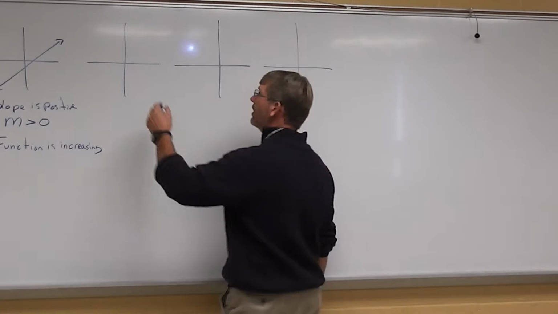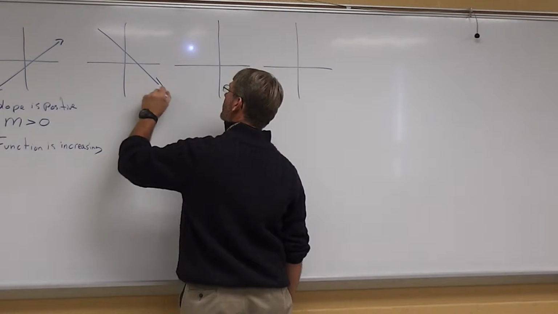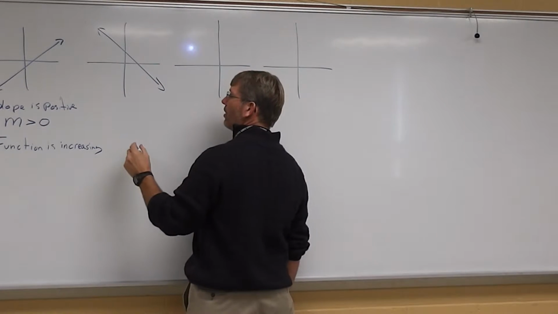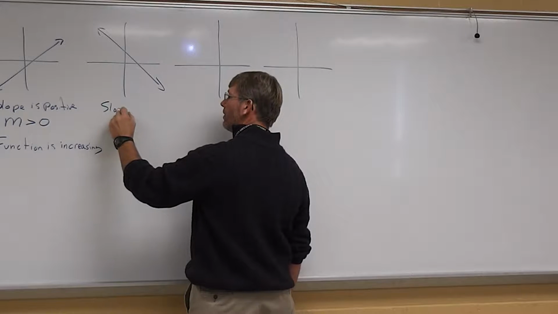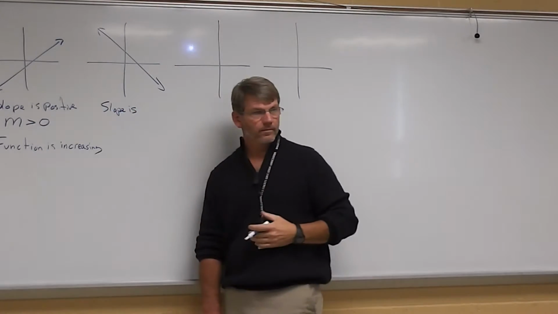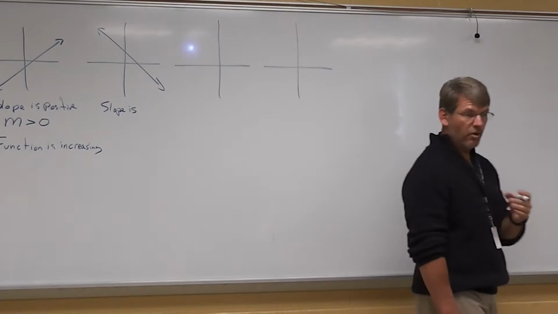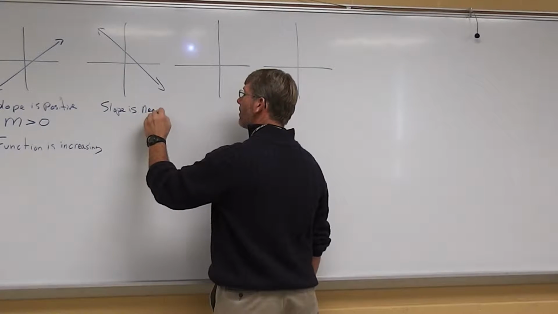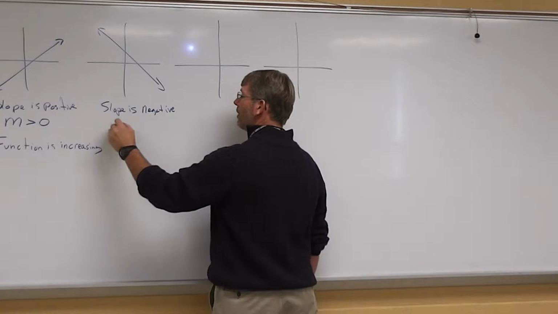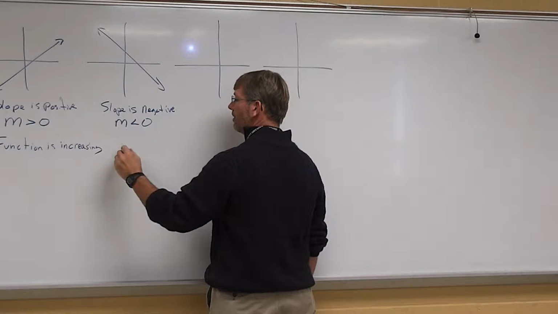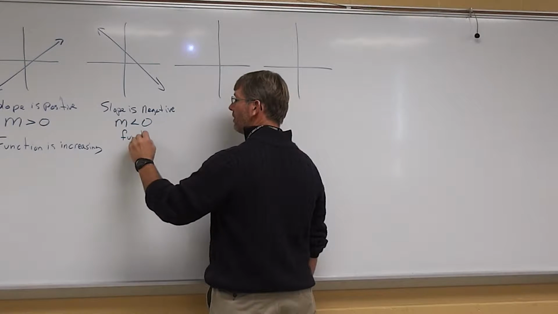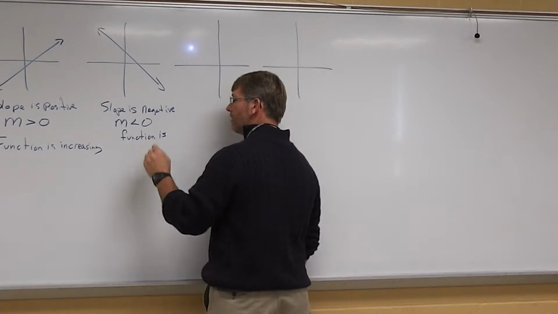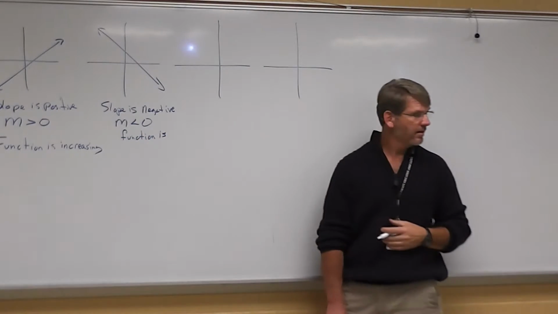Function is increasing. Well, how about if it looks like this? What can we say about the slope here? Negative. Slope is negative. Okay, good. m is less than 0. And here, the function is, what do you think we'll say there?